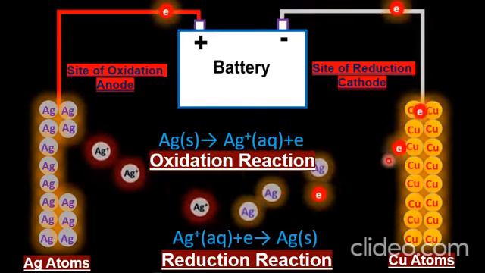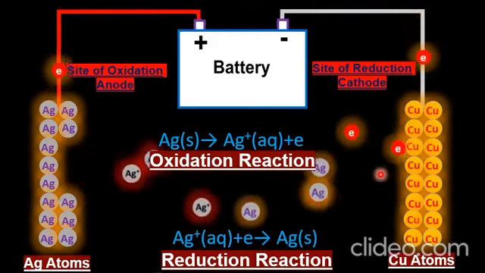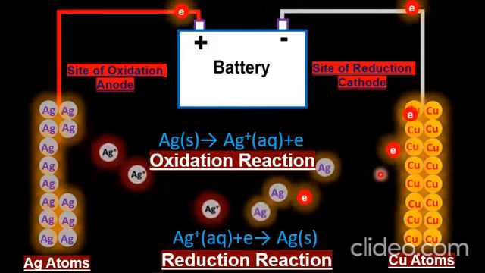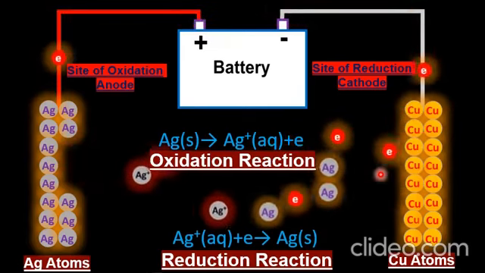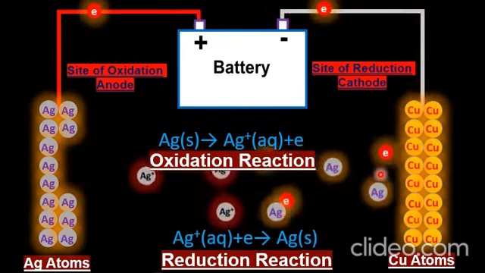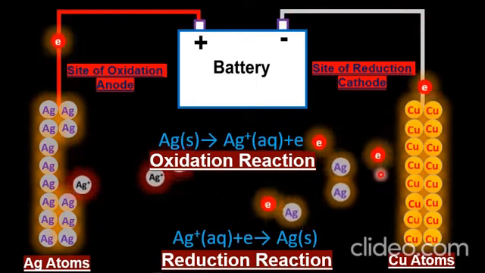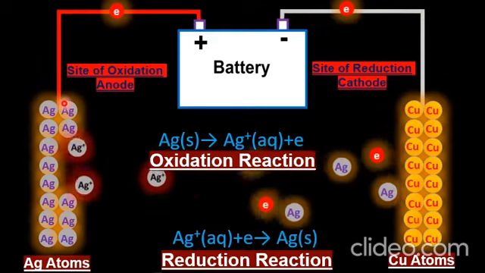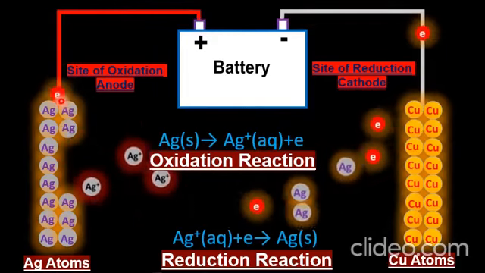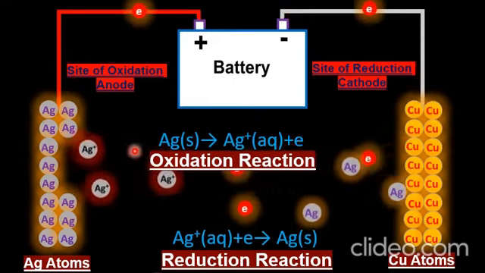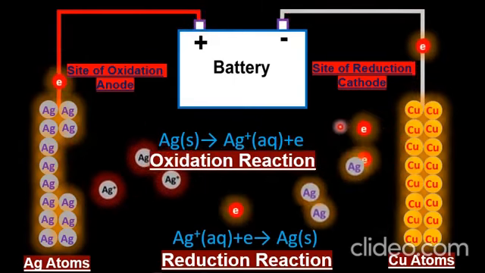So now, dear student, let us conclude the electroplating process. Electroplating is a process in which one metal is transported in a very small amount onto the surface of another metal in the form of a thin film.